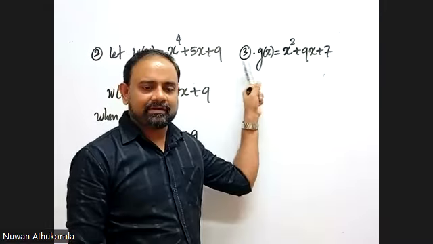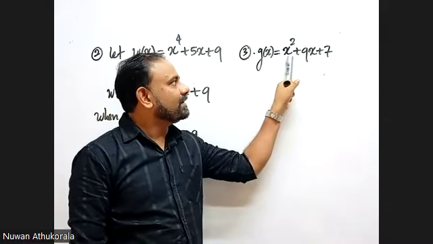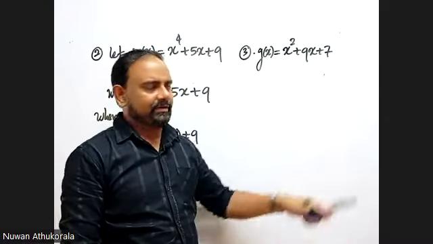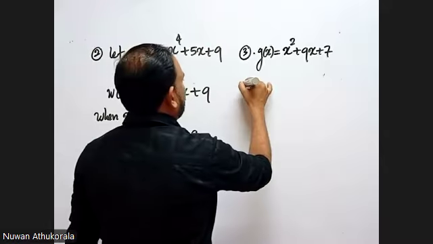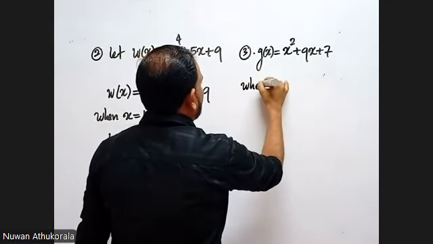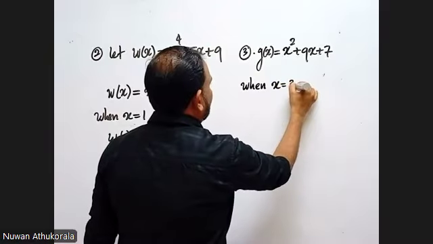Given function is gx equal x squared plus 9x plus 7. We have to substitute x equal 3.